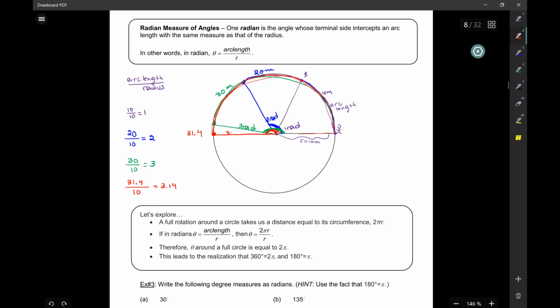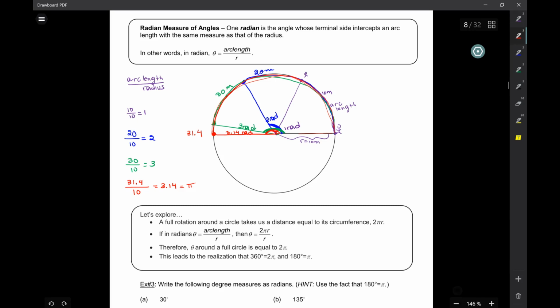That's how many radians that is. Wait a minute. That strikes a bell. What's 3.14? Wait. Is that pi? That's pi. Oh my God, that's what pi is? Holy moly.